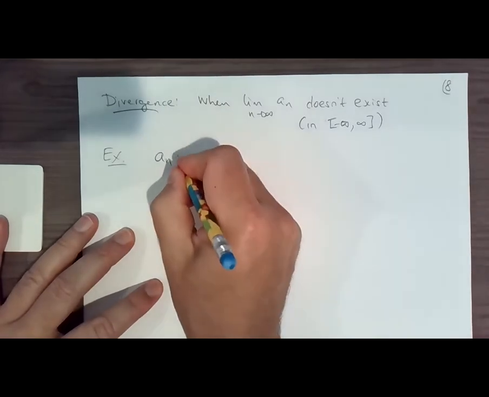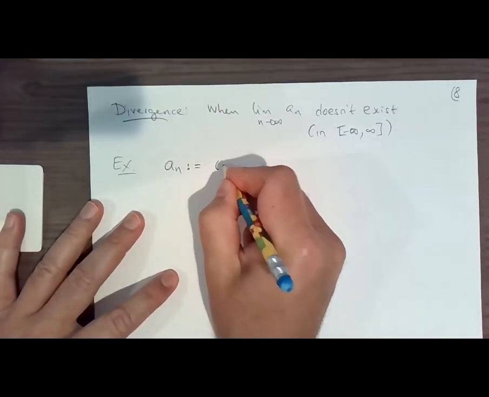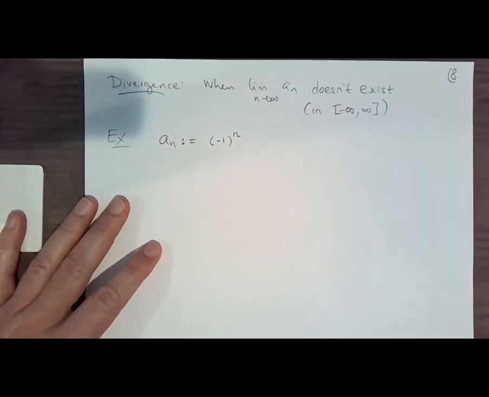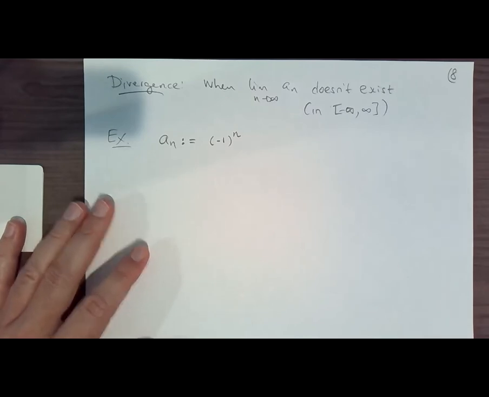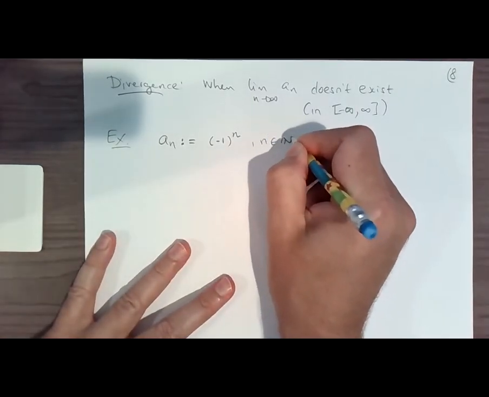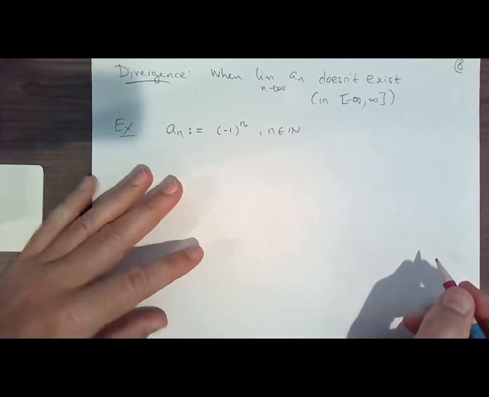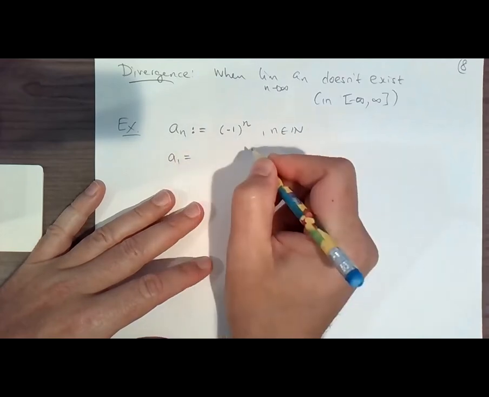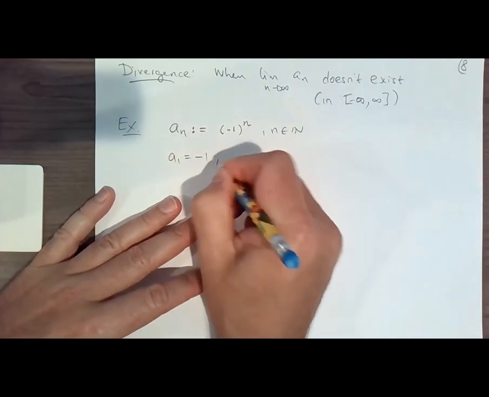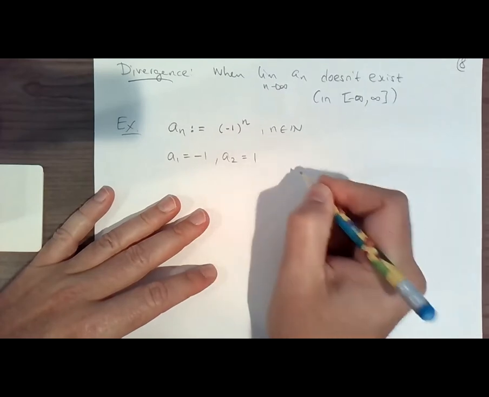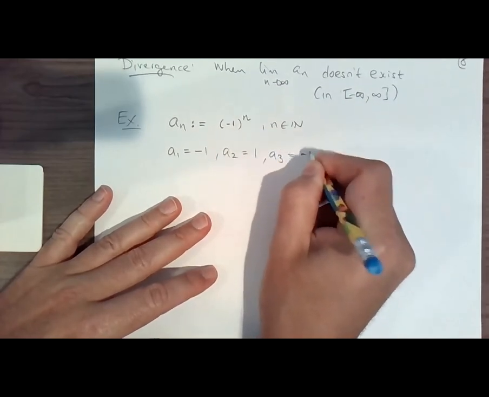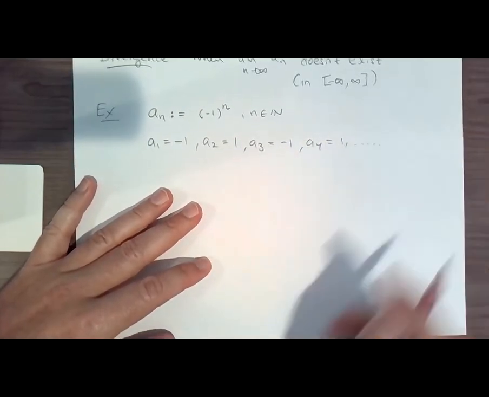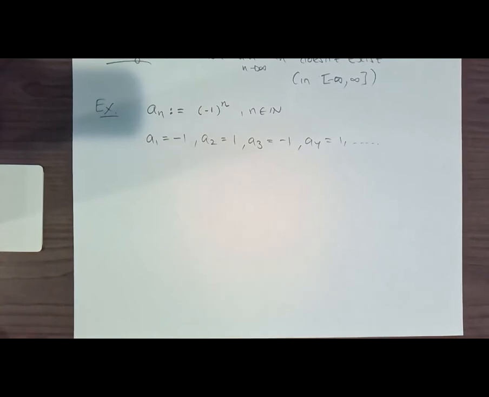If I take a_n to be minus 1 to the power n, where n is a natural number as before, then I would have a1 equal to minus 1, a2 equal to 1, a3 equal to minus 1, a4 equal to 1, and they keep oscillating between minus 1 and 1.